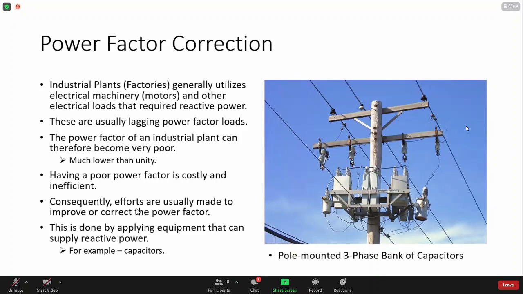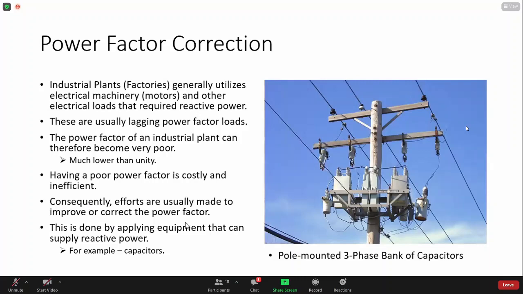The incentive basically is that you pay less for your light bill, your power demand and all those things. So there's an incentive to have a better power factor. Plus, you want to improve your operational efficiency.